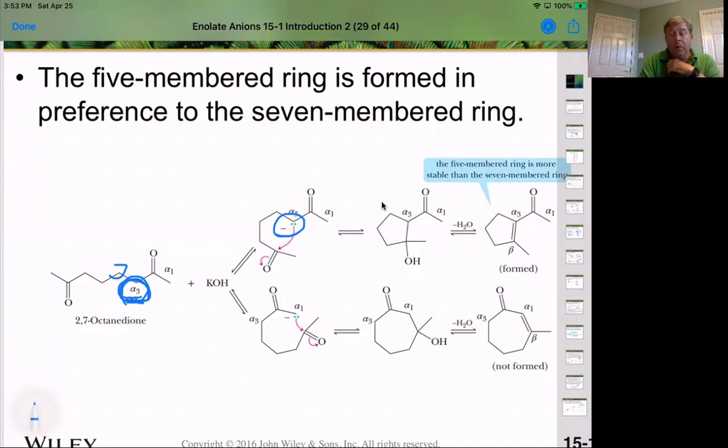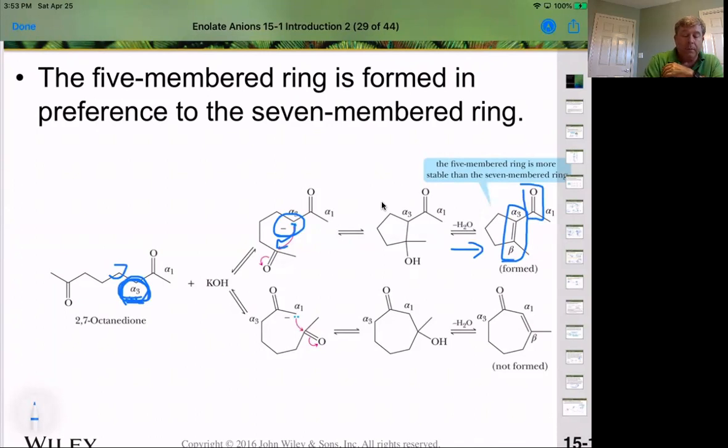Once we form our enolate here, it's going to attack this other carbonyl, giving us our 5-membered ring. And because 5 and 6-membered rings are the most stable, it can lose water to give us our alpha-beta unsaturated ketone in this case here.